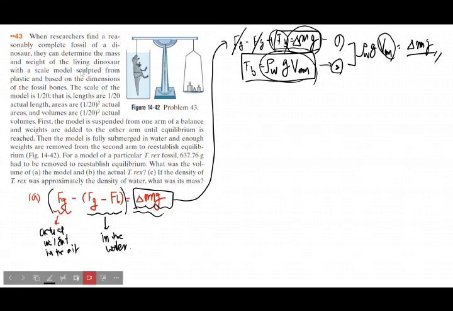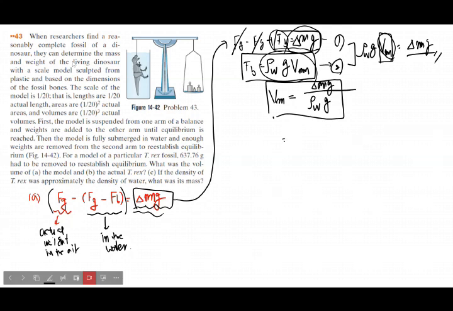That is the model fully submerged into the water. So the volume of the model fully submerged is the weight difference divided by the density of water and g. Now all you need is to plug in the numbers.